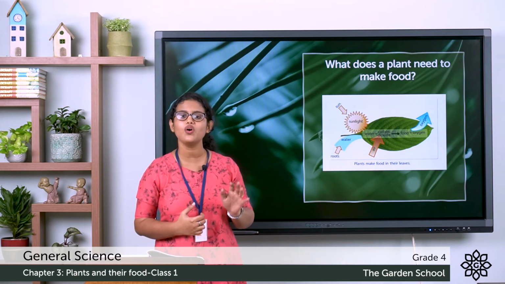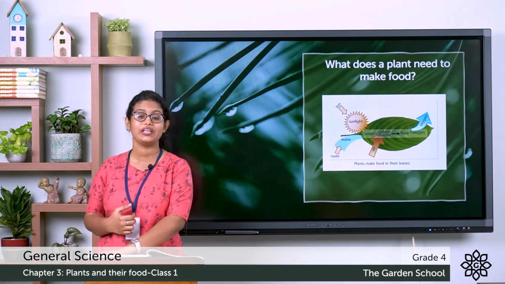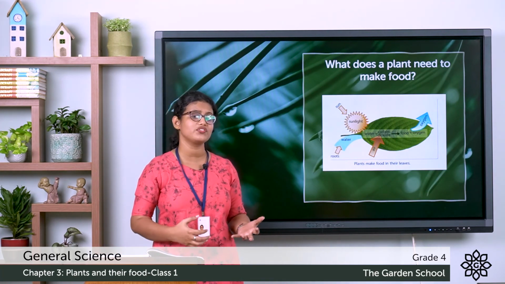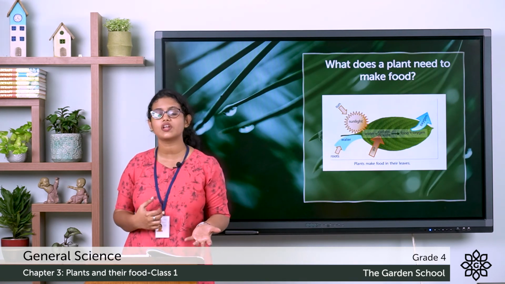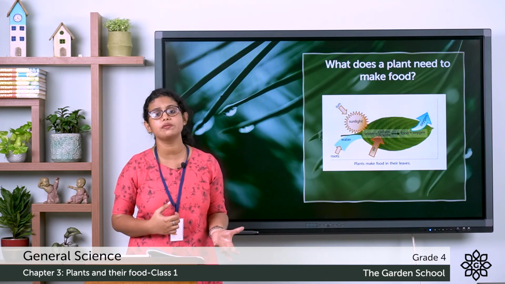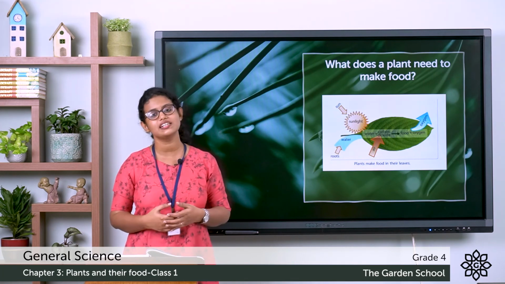So in this class, what did we learn? We learnt about the different parts of a plant. Root, stem, leaves, flowers and fruits. Then we learnt that there are different types of leaves. Leaves differ in their size, shape and color.